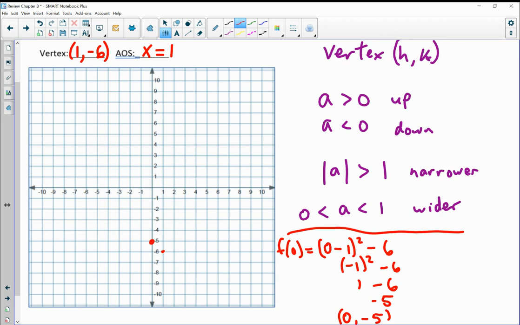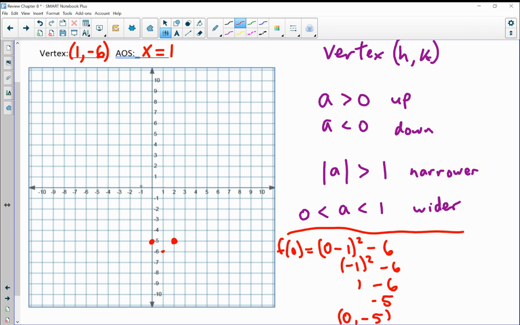And remember, because we have our axis of symmetry, we can mirror that point immediately. One point to the right of the vertex would also be at -5, so (2, -5).